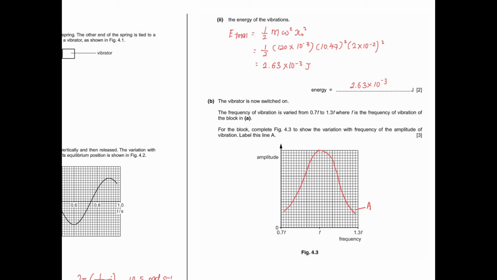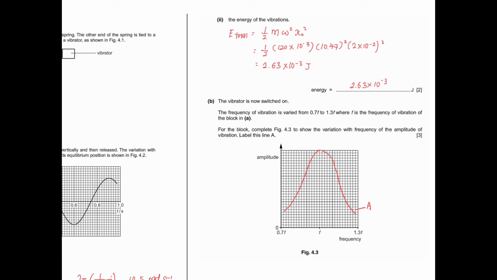On the next page, I just keep it like this first because we need to draw the graph over here. So I just read out the questions. Some light feathers are now attached to the block in B to increase air resistance. So imagine about that. The frequency of vibration is once again varied from 0.7 F to 1.3 F. The new amplitude of vibration is measured for each frequency.